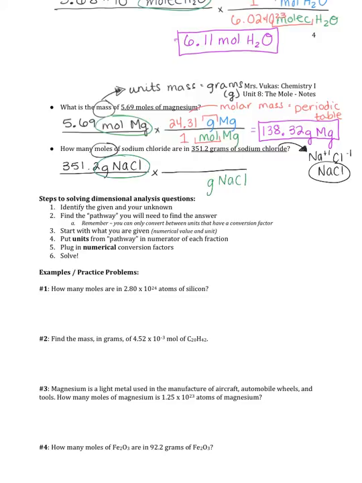Step 3, write your unknown units on top. For this question, we said that we were looking for moles, so we need to put moles of NaCl in the top of this fraction. Step 4, this is your conversion factor unit.